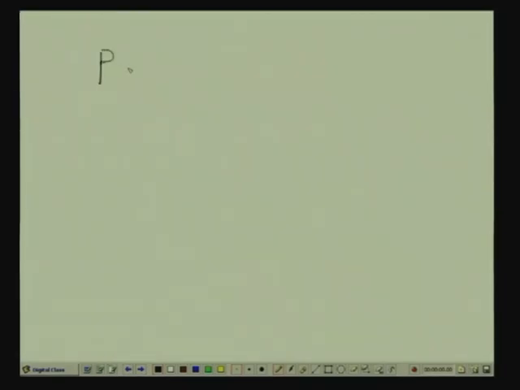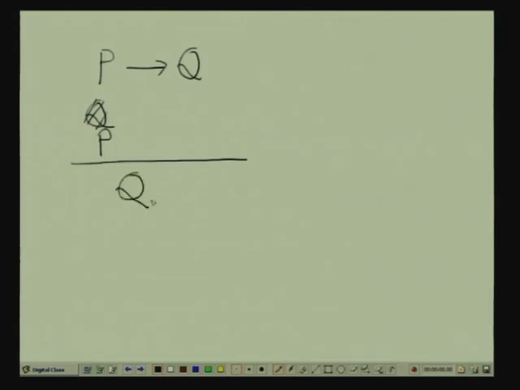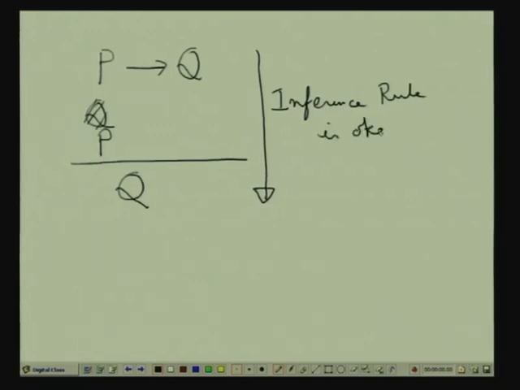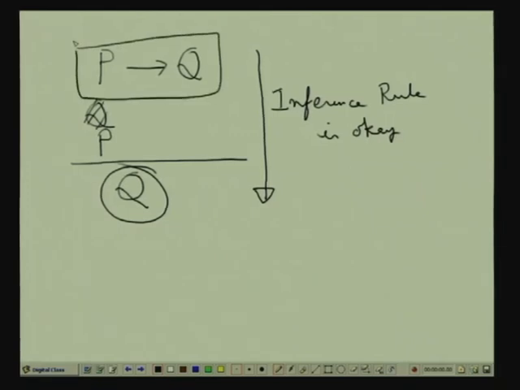Coming back to our modus ponens, say P implies Q and P, I infer Q. This inference process is fine, this inference rule is correct, but the correctness of this result depends on the correctness of this rule.